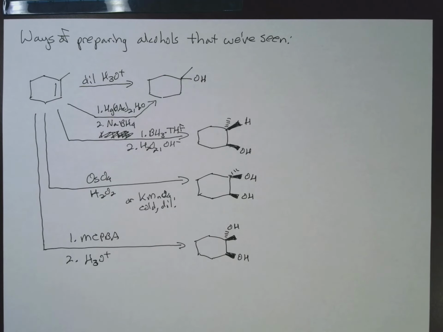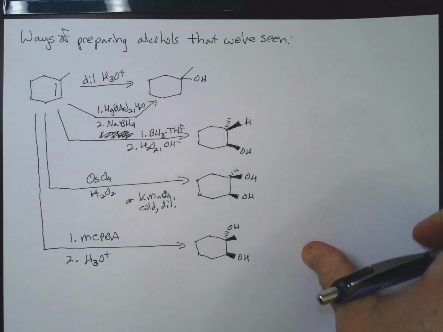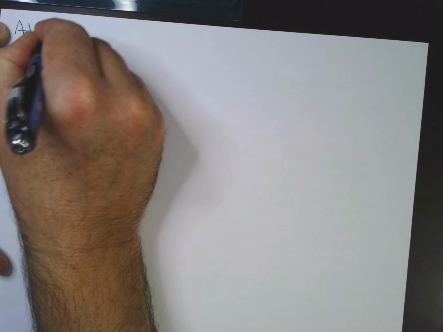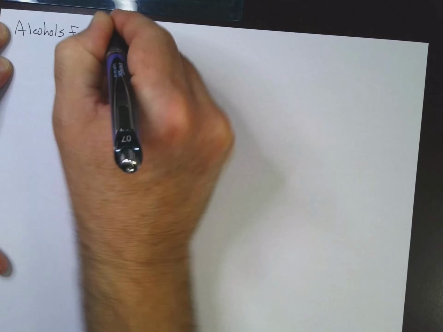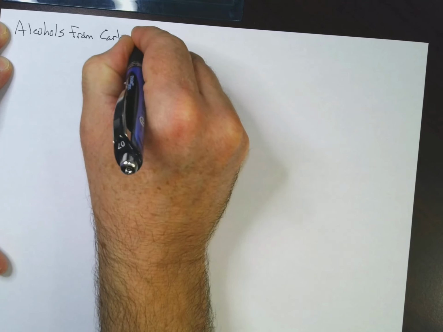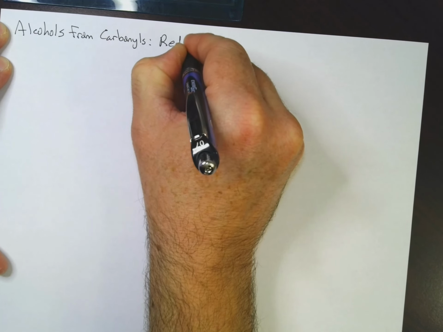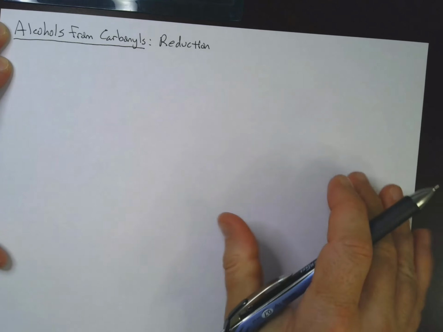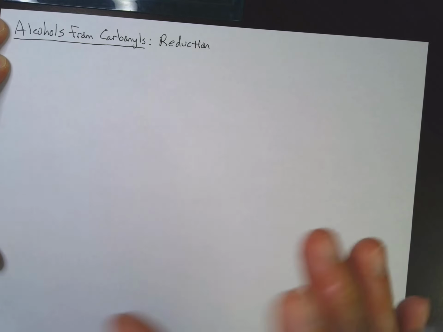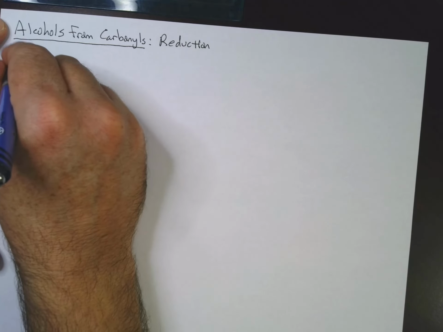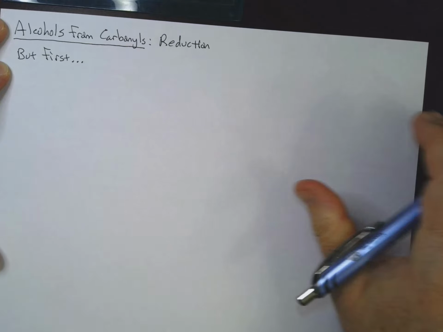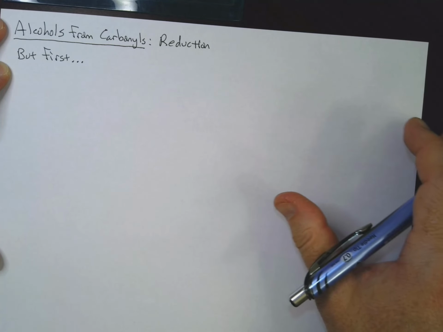Now we do have some other ways to make alcohols, and I'll talk about those. And one way that we can make alcohols is by reducing carbonyls. First, we need to have a definition of organic oxidation and reduction.